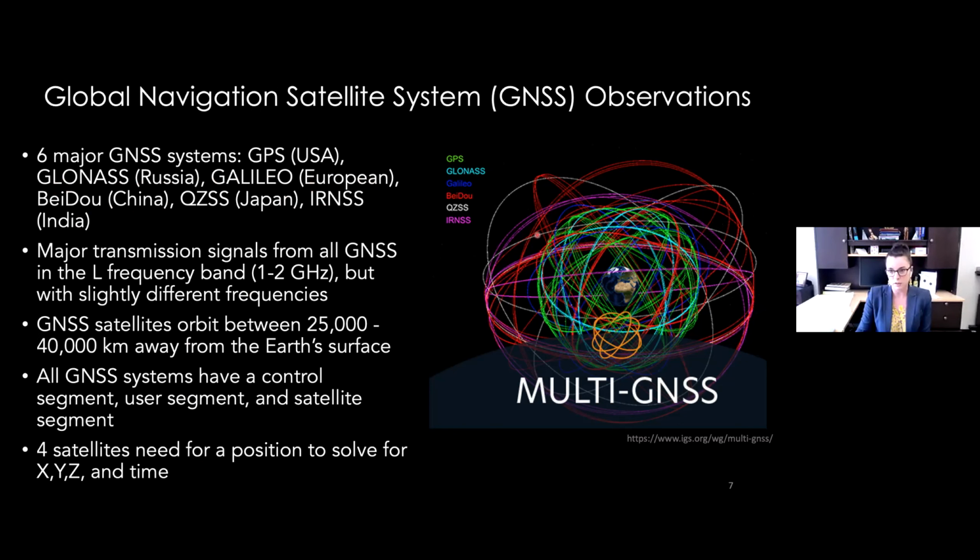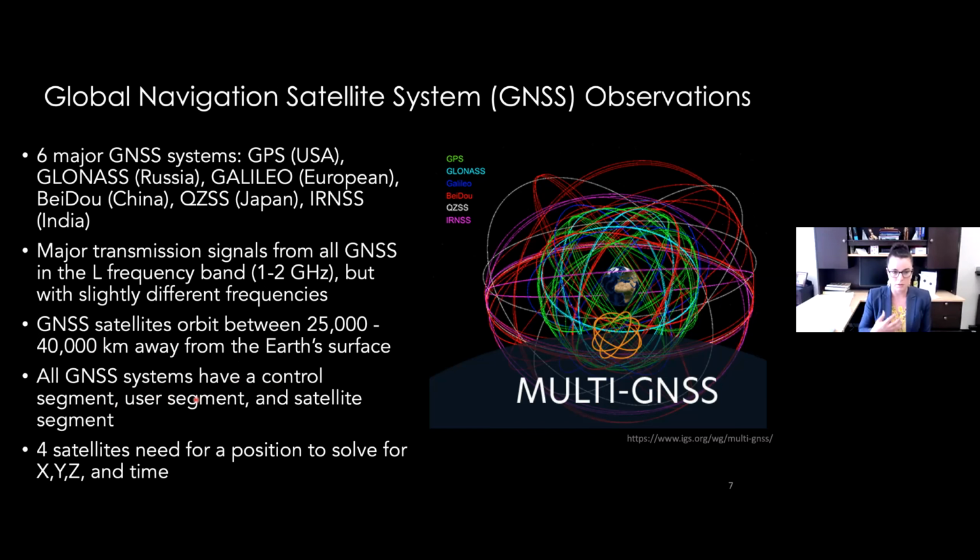This figure to the right shows the orbital paths of those 6 GNSS systems. They all transmit within the L frequency band, but at slightly different frequencies. They all orbit between 25,000 and up to 40,000 kilometers away from the Earth's surface. They all have a control segment with stations on the ground to provide operations to the satellites if needed.